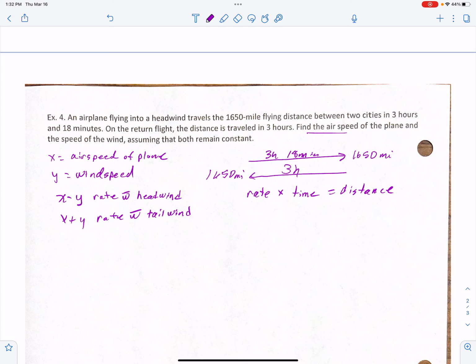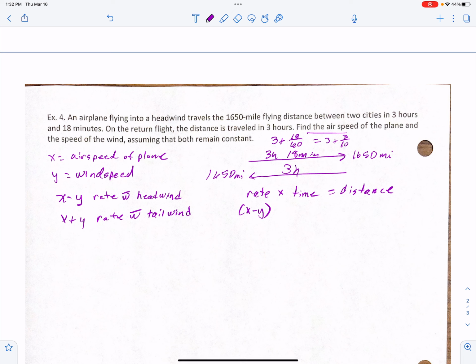And so over here, my rate on the way there is x minus y, but my time is 3 hours and 18 minutes. Well, we've got to change that to just hours, and 18 minutes out of 60 would change that. It's 18/60th of an hour, which is 3 plus, if you reduce that, 3/10.